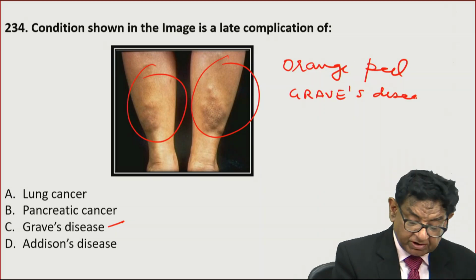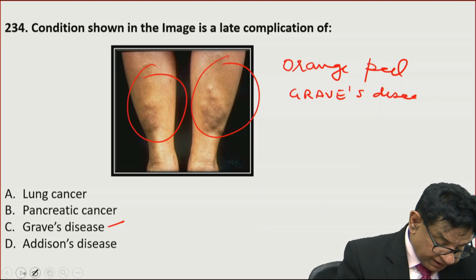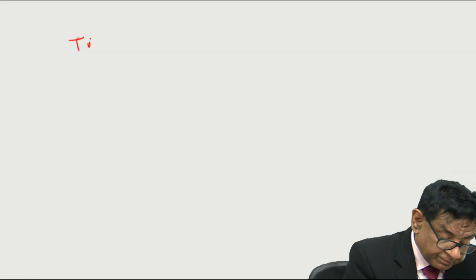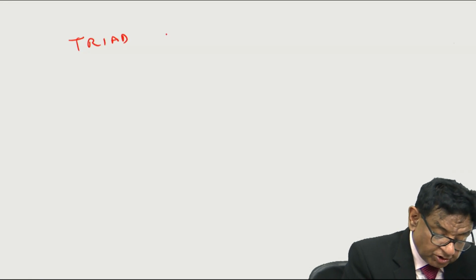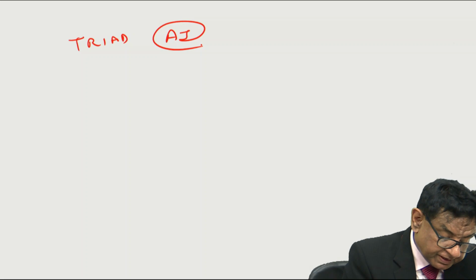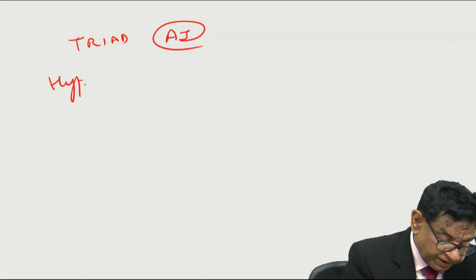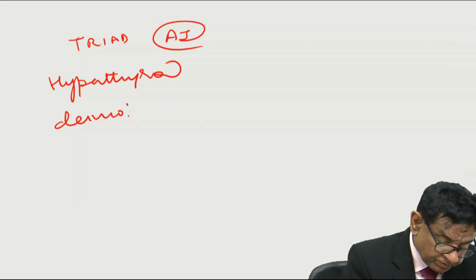Remember, Graves disease is a triad. It's an autoimmune disorder. Triad of hyperthyroidism, dermopathy, and ophthalmopathy.